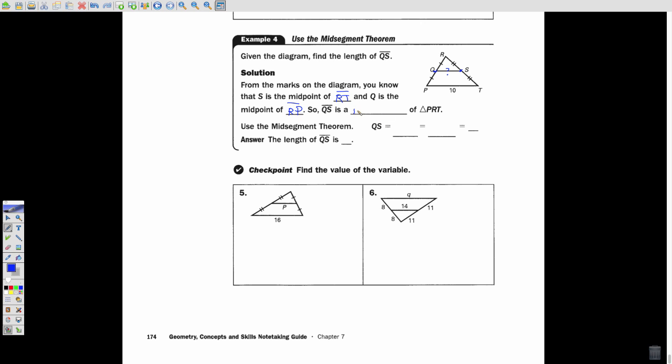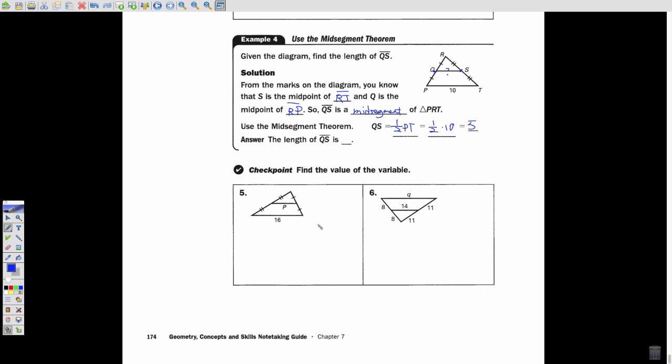So QS is a midsegment of triangle PRT. Then we use the midsegment theorem: QS should be half as long as PT. If I do my substitution, it's half times 10, which gives me 5.